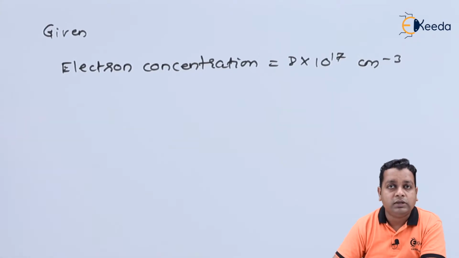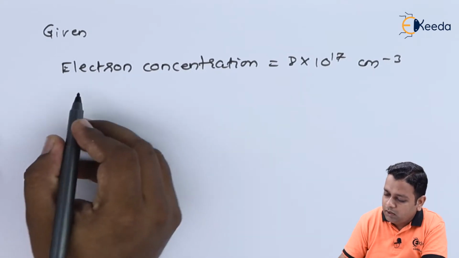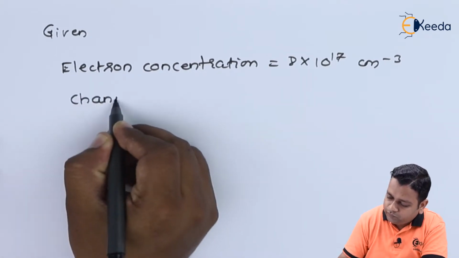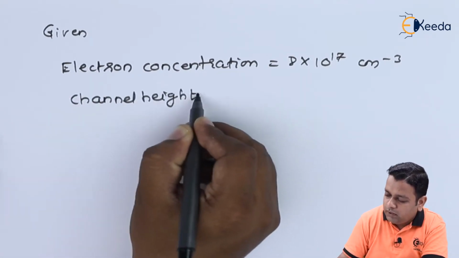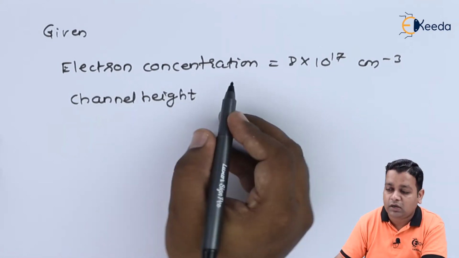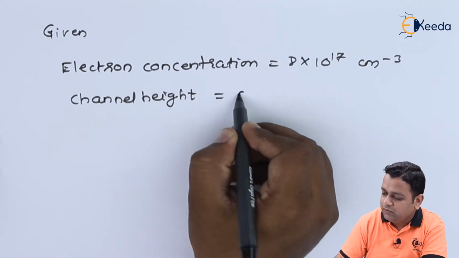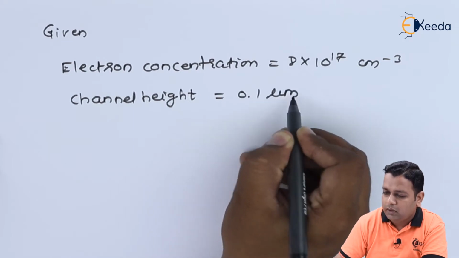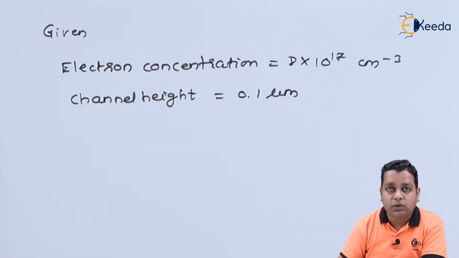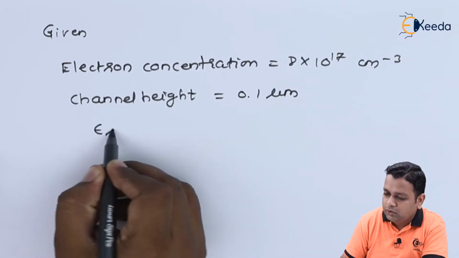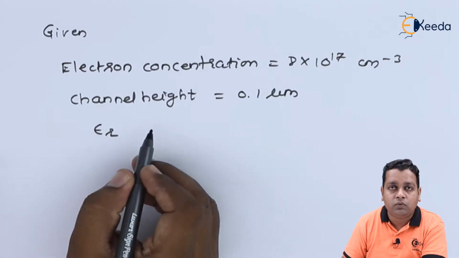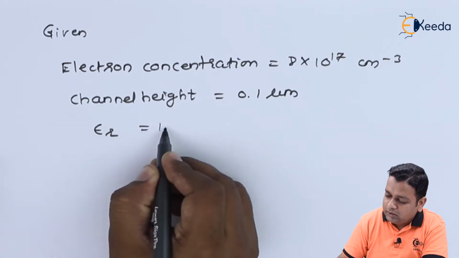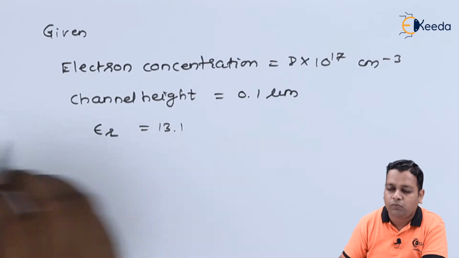The next parameter is a measurement of length, and for the MESFET it is nothing but the channel height. Here in this problem statement, the channel height is represented by small a, and it has the value 0.1 micrometer. Next, we have epsilon R, the relative dielectric constant, holding the value 13.1.